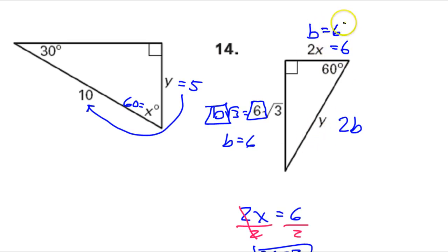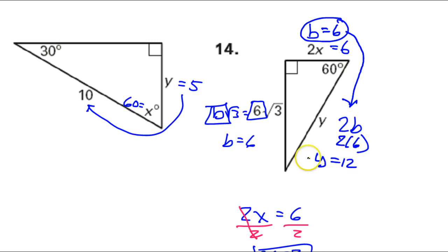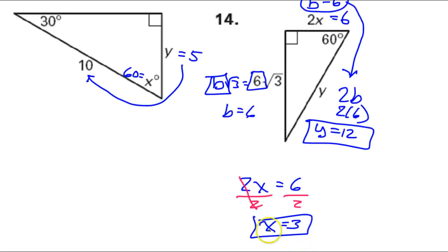Now the hypotenuse, we should be able to get the hypotenuse by taking the short leg and doubling it, alright, 2 times b. So of course, 2 times 6 is 12. So that's why y is going to equal 12. So y is 12, and meanwhile x is 3. Okay, and overall it makes sense. Hypotenuse is 12, half of that is short leg is 6, and then the long leg is 6 radical 3. So it does make sense.